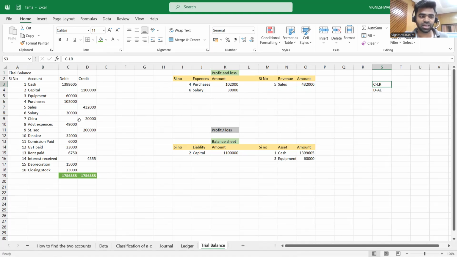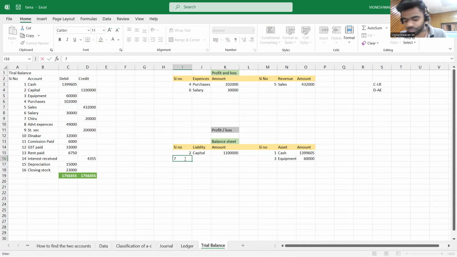If a person's name is given with an amount, they will be either an asset or a liability only. They won't come under expense and revenue. So the seventh one, Chiru.